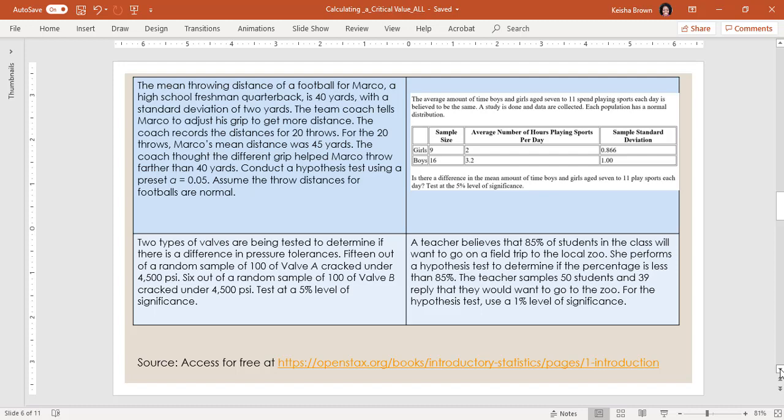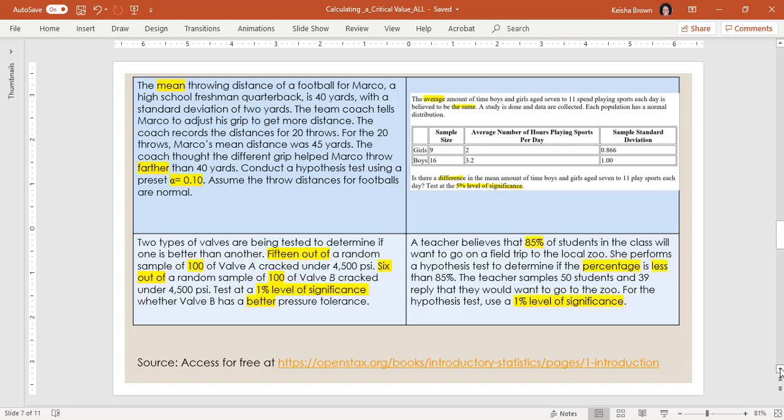Left tail, right tail, or two tail? Then you want to identify what's your level of significance here. What's your alpha? Alpha is your level of significance. So pause the video, read through those 4 examples, identify those key pieces, and then when you're ready, play the video so you can see if you have identified everything correctly.